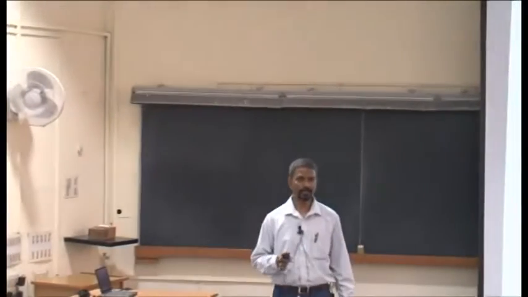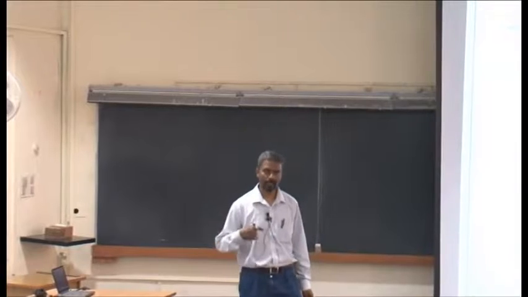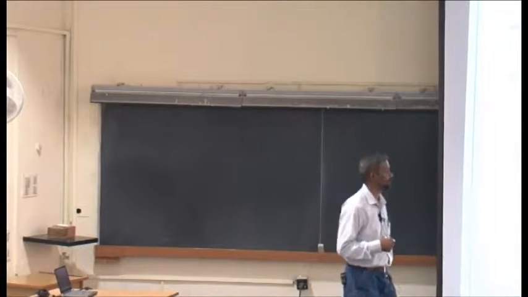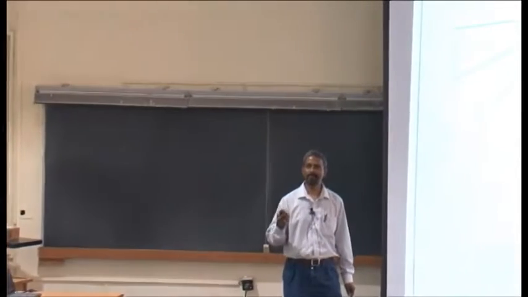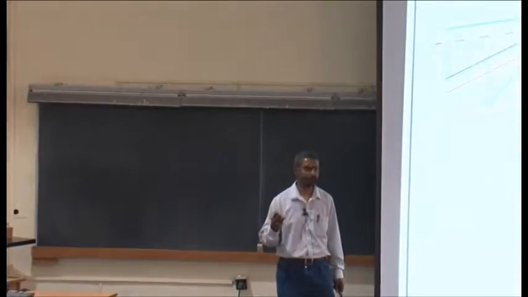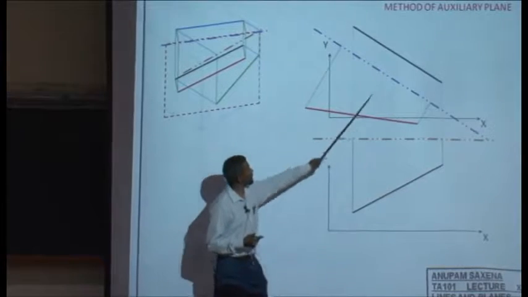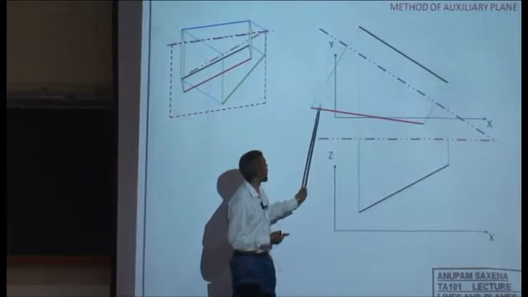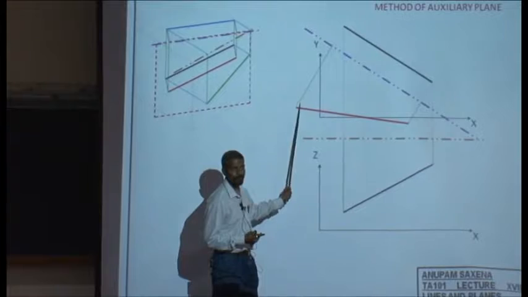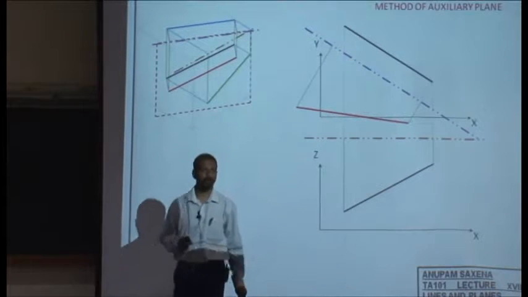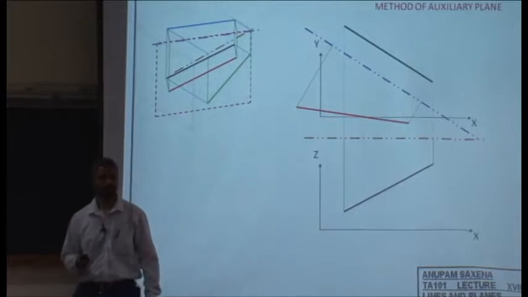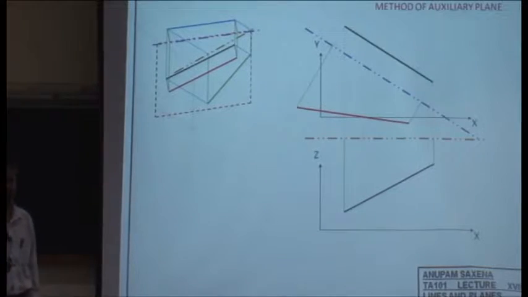The easier way to remember this is this. This is how I remember. You essentially have three views of the line: the frontal view, the top view, and the auxiliary view. Which view is common? The frontal, the top, or the auxiliary? The top view is common.